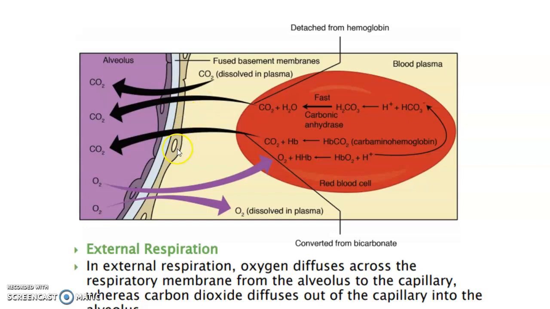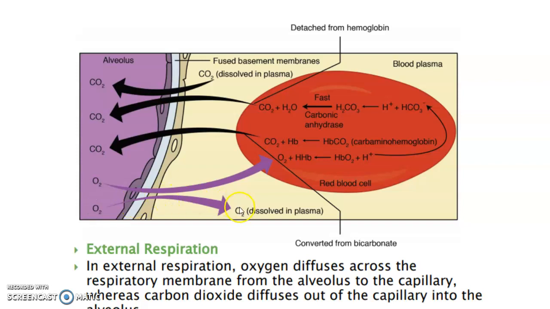So this beige line here is the lining of the capillary. This is our basal lamina, this kind of bluish line. And then in here we have the squamous epithelia of the alveolus. And what we have here is oxygen. You've inhaled oxygen, so there it is. It has two ways it can get into your blood system.